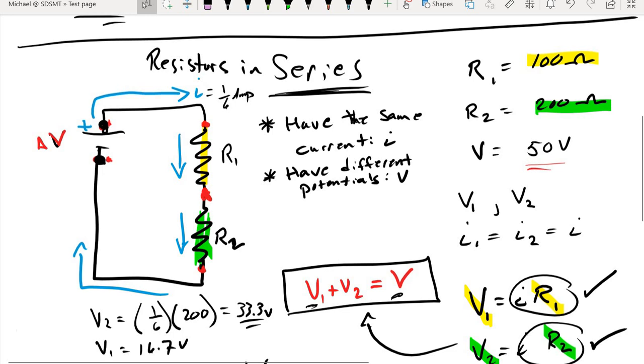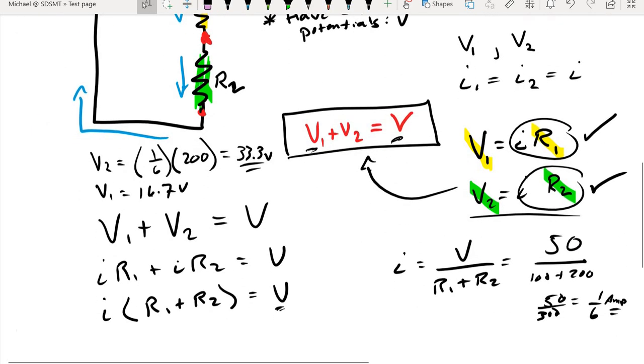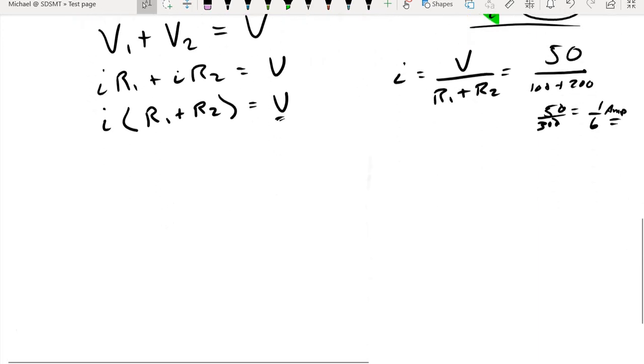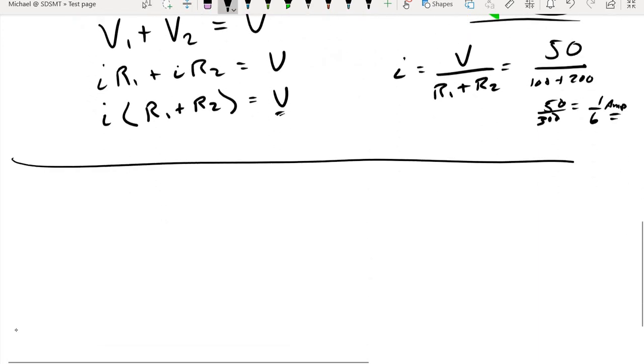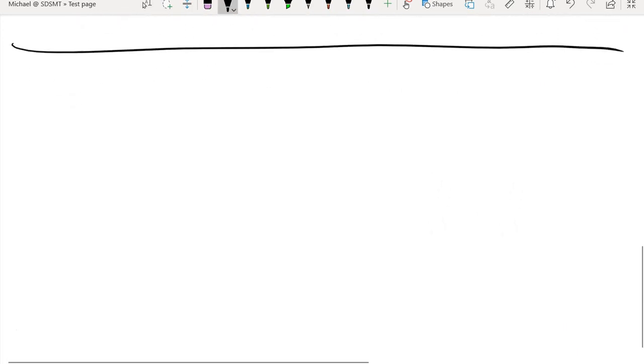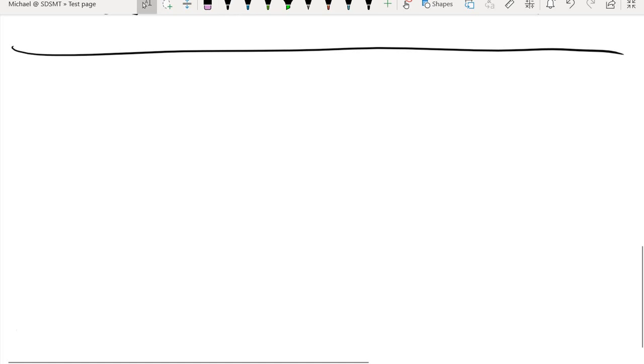not too much work to do to figure out the current and the individual potentials, but what if we had a circuit with, say, 100 resistors connected in series? This math is going to take us quite a bit of time. And so what we want to do is consider what we did back in the capacitors chapter.